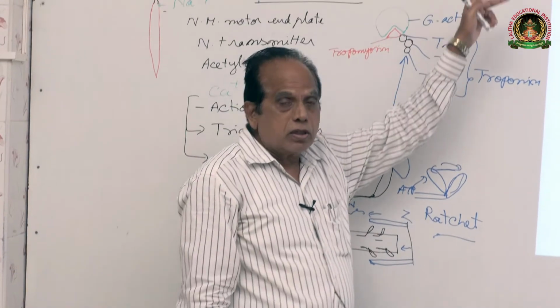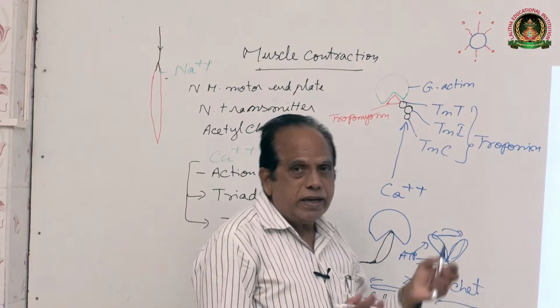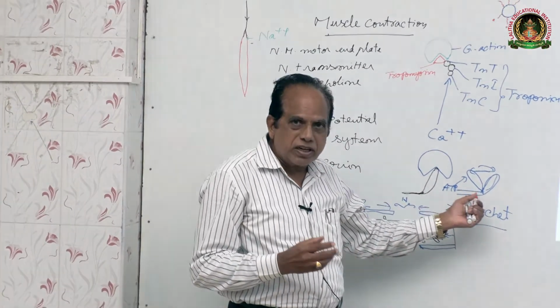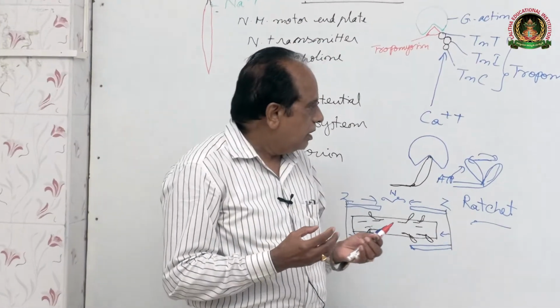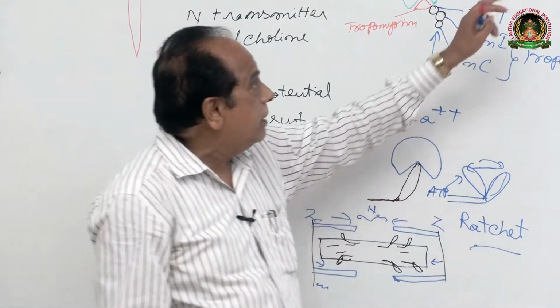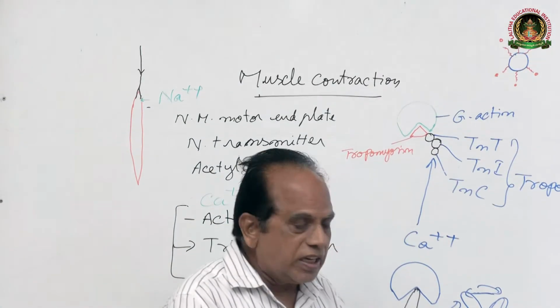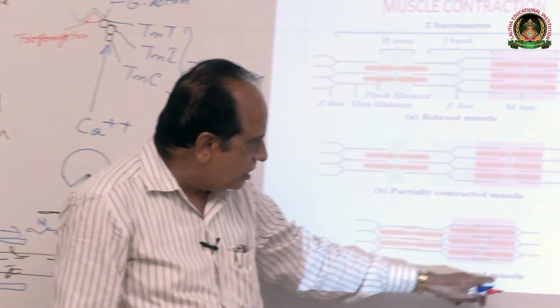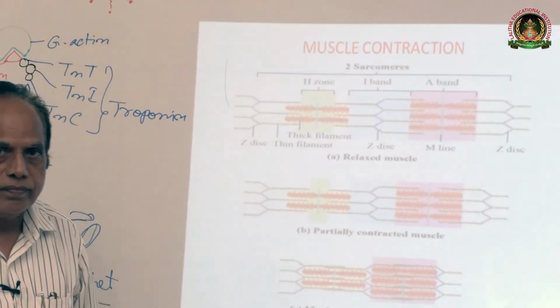So, they are nothing but the cross bridges. By the combined action of all these cross bridges, which exhibit this ratchet mechanism, or move to and fro about 50 to 100 times per second, the actin molecules slide inwards, and as a result the muscle contraction occurs.